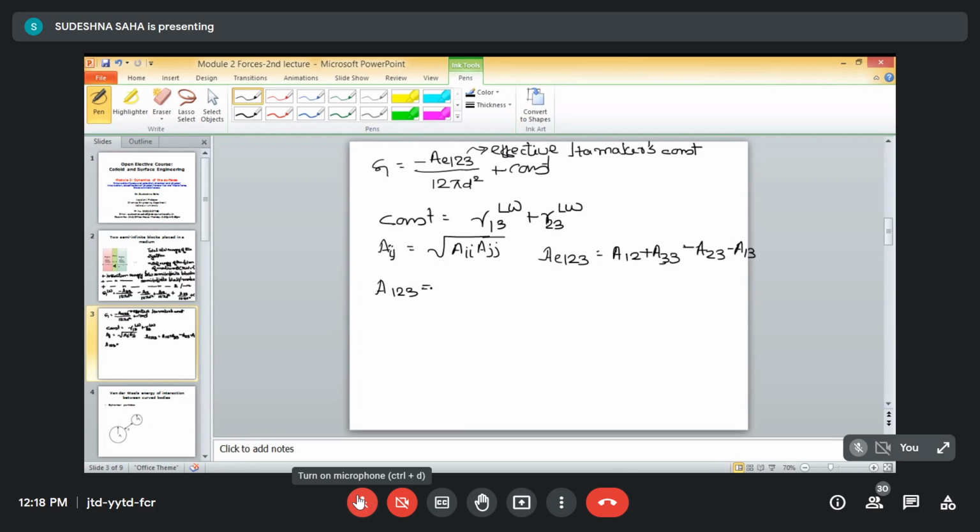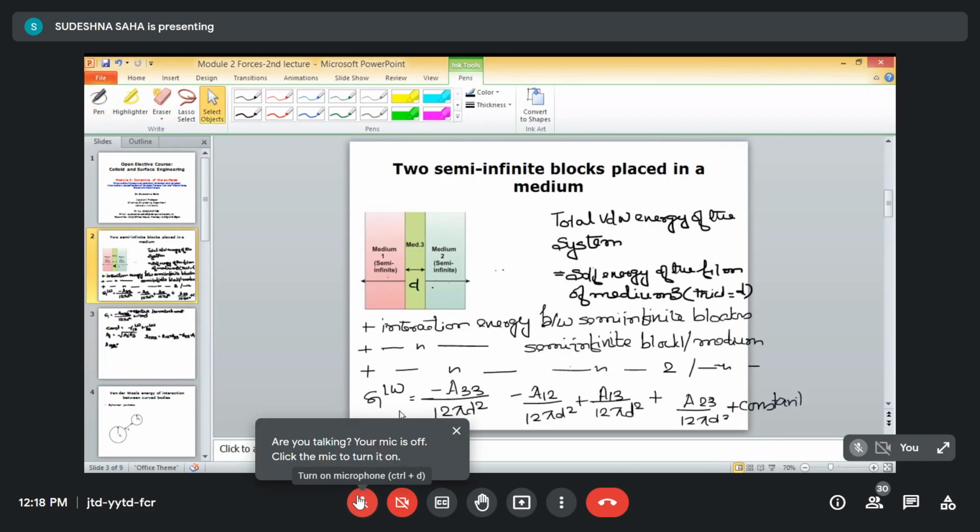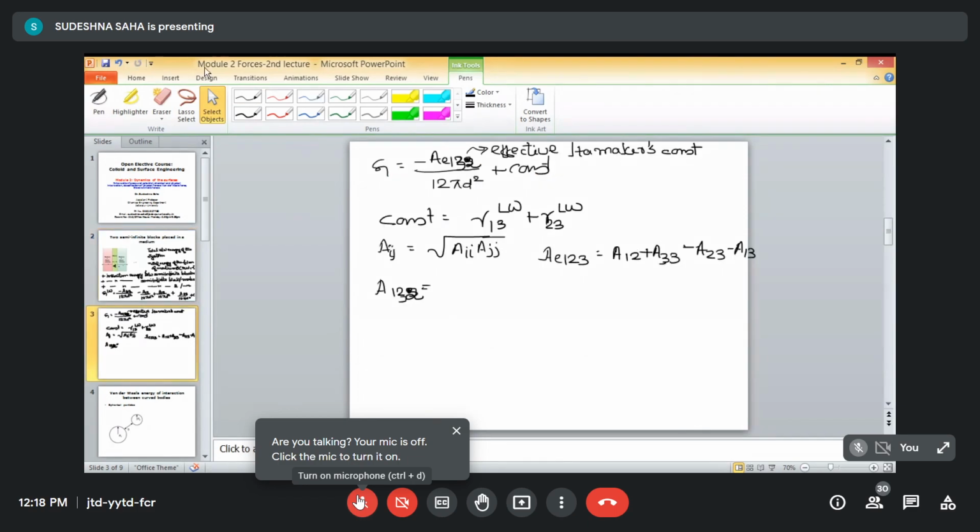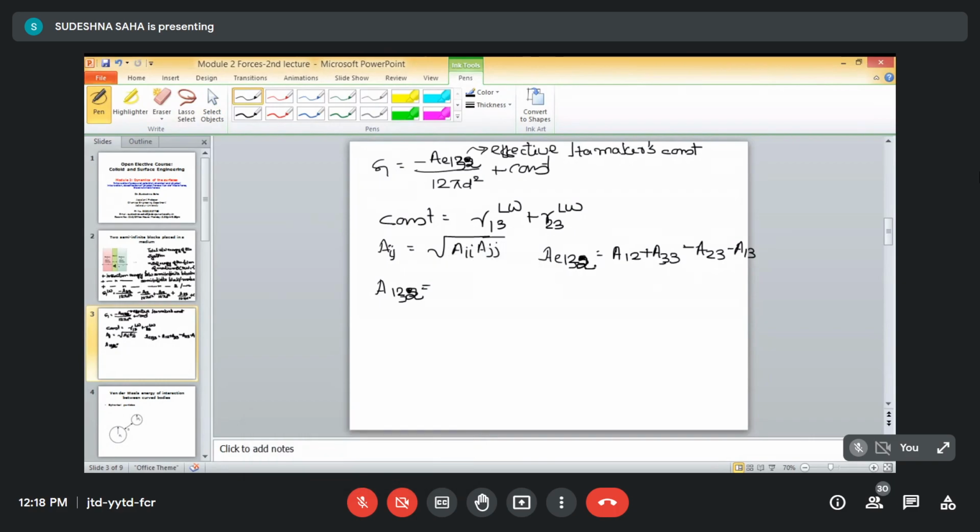We can write A132, okay, because 3 is the intermediate medium, and 1 and 2 are the semi-infinite blocks. So let me replace that over here, because that is not the actual way of writing. 1 and 2 are the semi-infinite blocks, and 3 is the medium, so you have to write it in between.